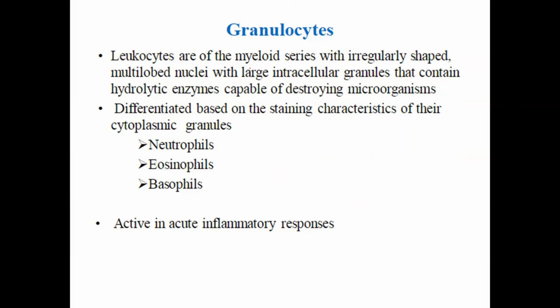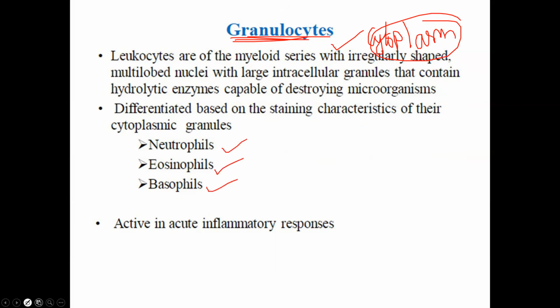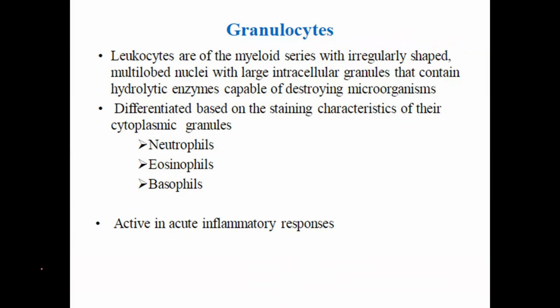Next one. See friends, B lymphocyte, T lymphocyte, natural killer, what kind of cells are these? They are agranular. The cytoplasm does not contain any kind of granule. Now look at the next one, granulocytes. The name itself is indicating, right? When you observe under the light microscope, the cytoplasm contains conspicuous granules. That's why we call them granulocytes: neutrophil, eosinophil, basophil. I'll explain briefly.